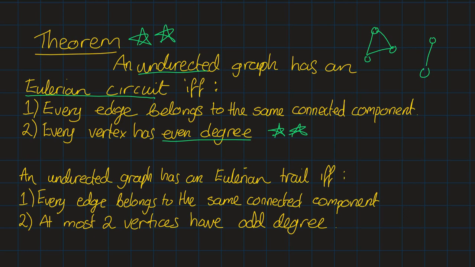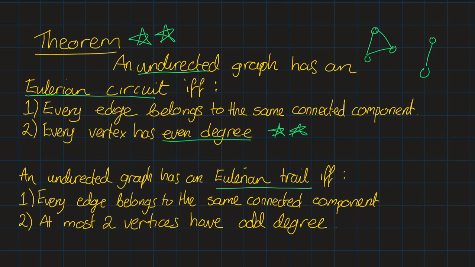There's a second part of this theorem which tells you about Eulerian trails. If you recall, with a trail, you don't need to begin and end at the same spot. You can begin and end at a different spot. Whereas a circuit, you need to begin and end at the same spot. So it's harder to be a circuit than it is to be a trail. An undirected graph has an Eulerian trail if every edge belongs to the same connected component.